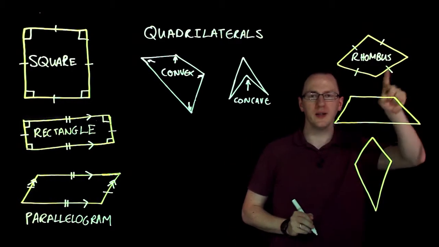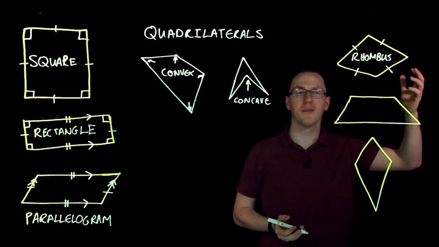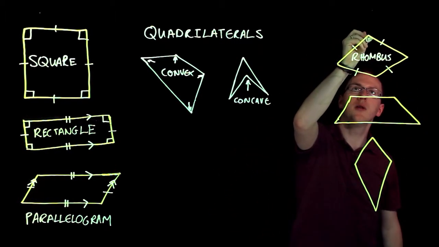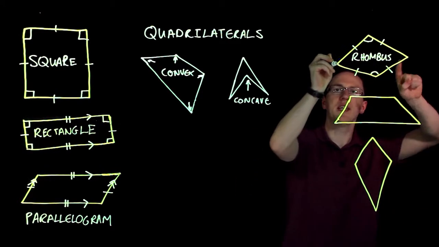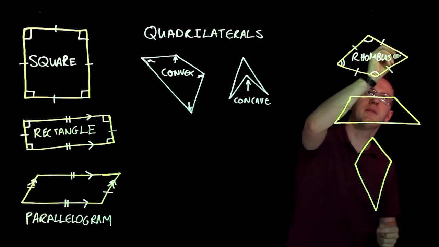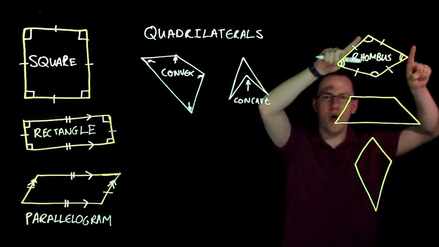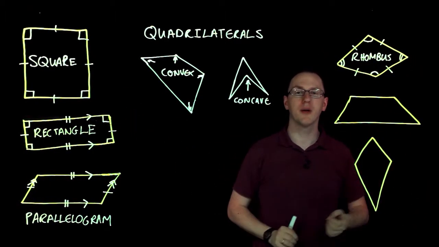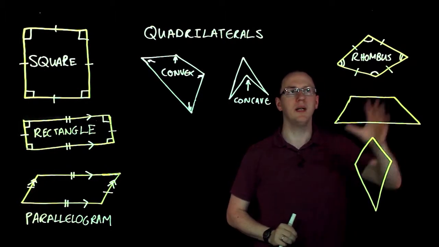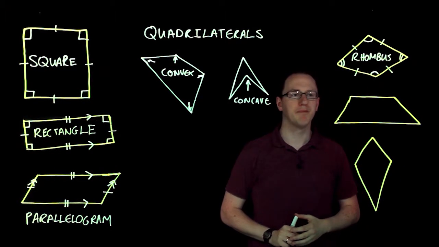However, all 4 angles are not the same. The opposite angles are, so this angle is the same size as this one. And this angle is the same size as this one. If all 4 were the same, they'd all be 90 degrees, and it'd be a square we'd be talking about rather than a rhombus. So a rhombus, not a diamond.